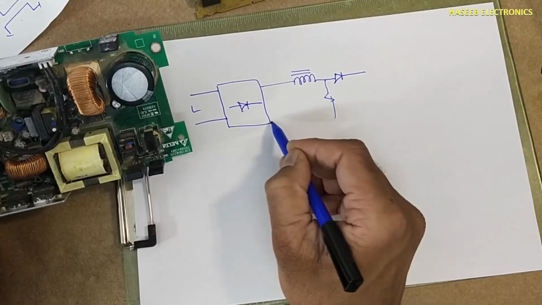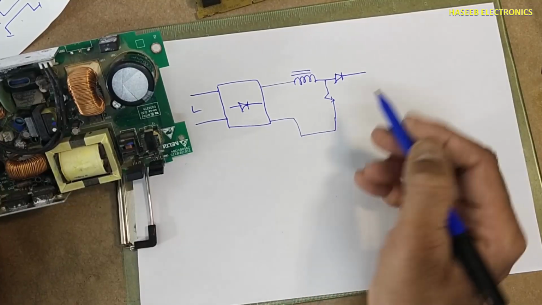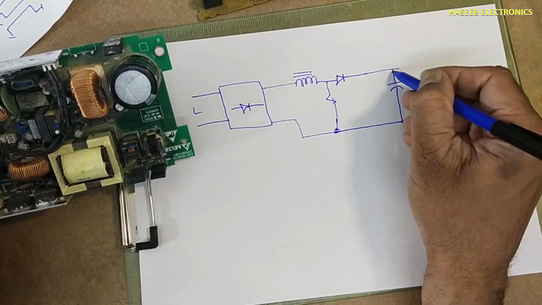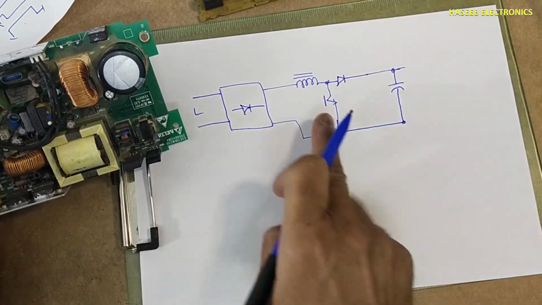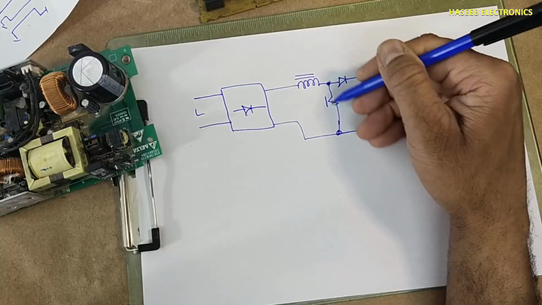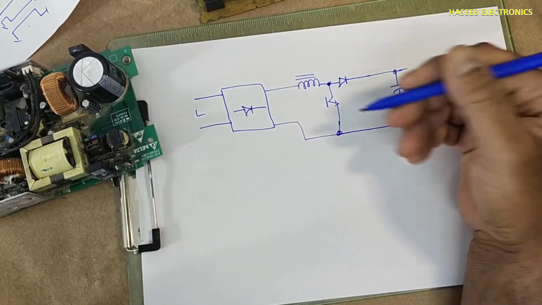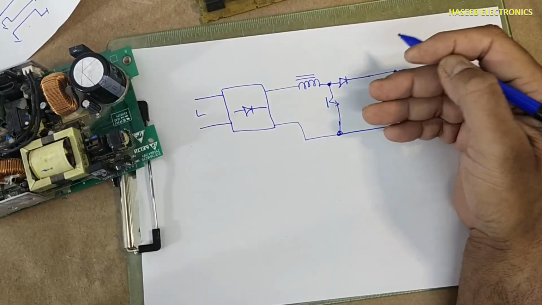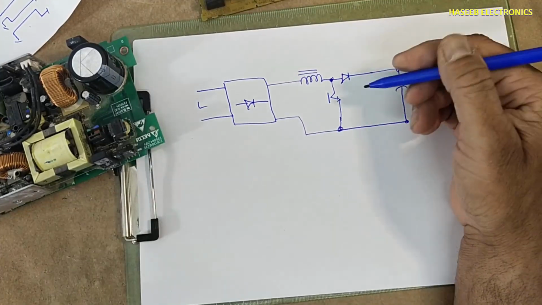Here is some switching device. If you see this transistor, it is connected between positive line and ground. Either it is MOSFET, IGBT, transistor, whatsoever.